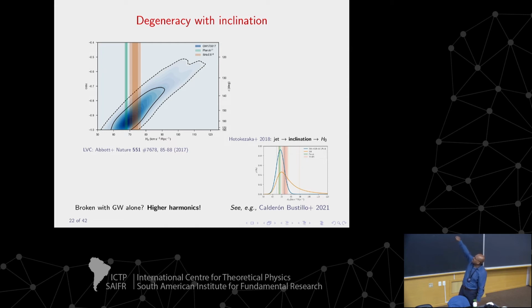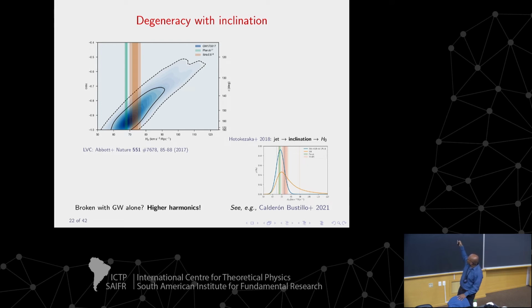One can take a horizontal slice and obtain a much more precise measurement. With some of the electromagnetic observations of jets, and the associated jet models, one could already come up with a slightly better measurement of the inclination. If you trust these jet models, then you already get an improved measurement of the Hubble constant.